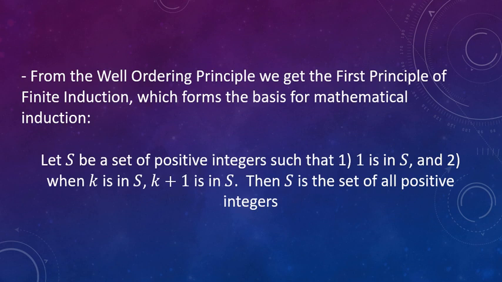Property number one, 1 is in S. And the second property is that when k is in S, k plus 1 is in S as well. Then, if those two things hold, capital S has to be the set of all positive integers. And if we think about this for just a short time, we can see that this makes sense.